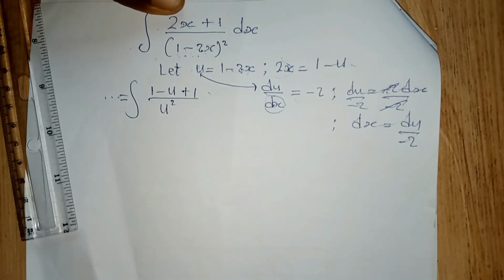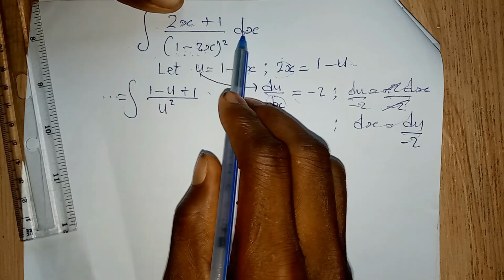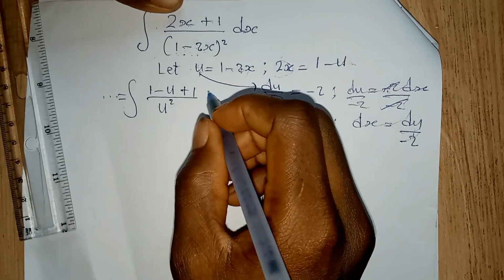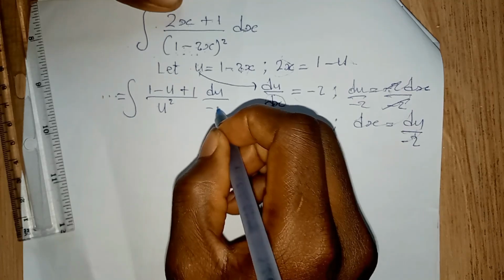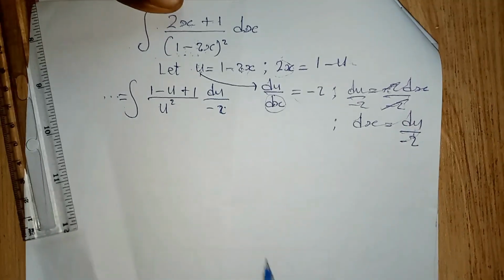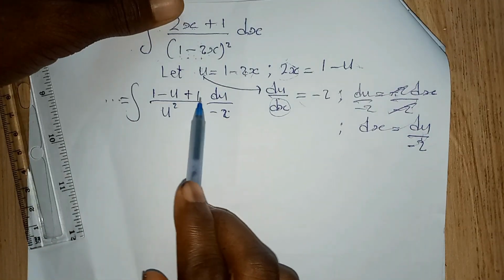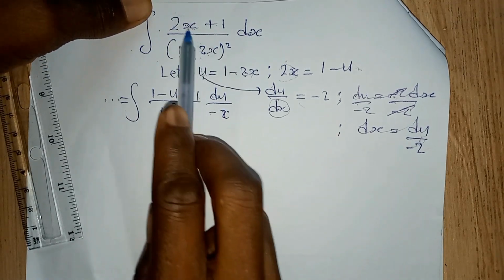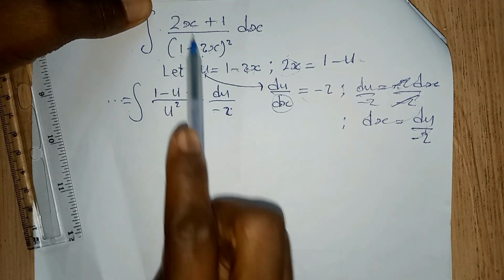So in place of dx, put this. Since we just proved that dx is equal to this, you now have du over negative 2. Therefore, we have successfully done u substitution here.